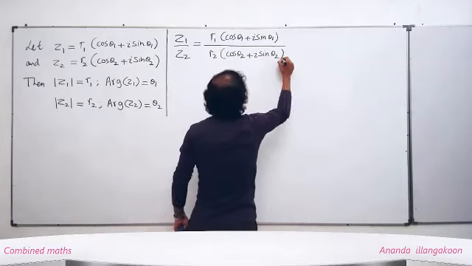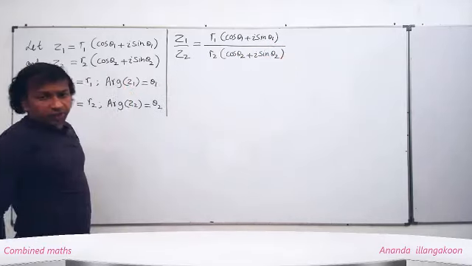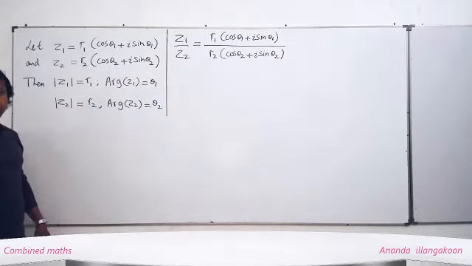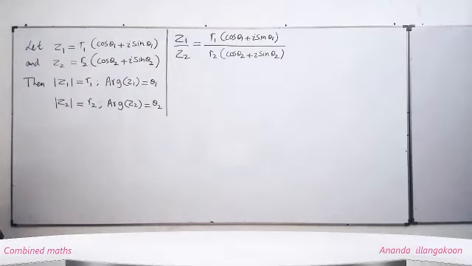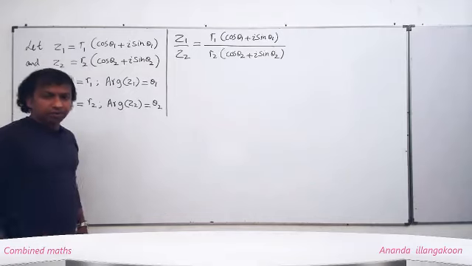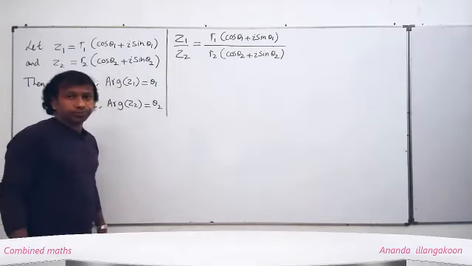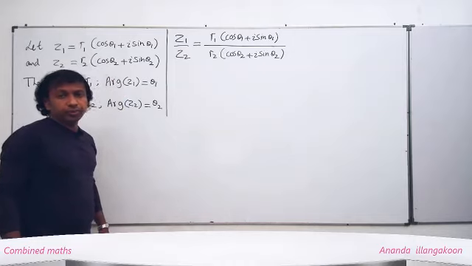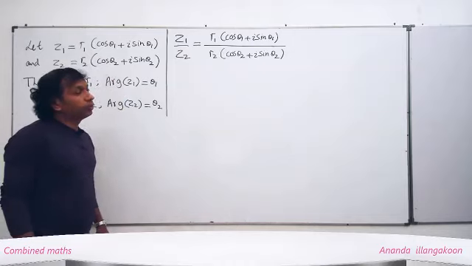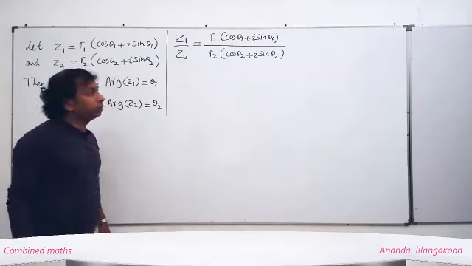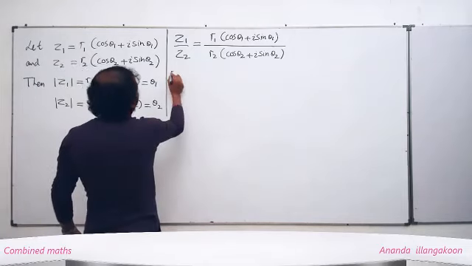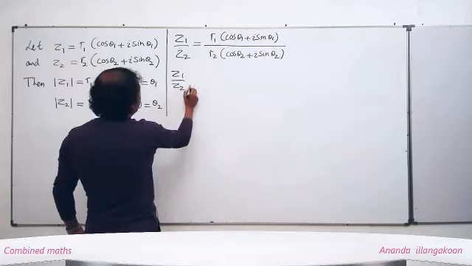Now, whenever we have a division, people, to convert this to a complex number, the usual method is multiplying numerator and denominator by the conjugate of the denominator. Right. So then here Z1 divided by Z2.